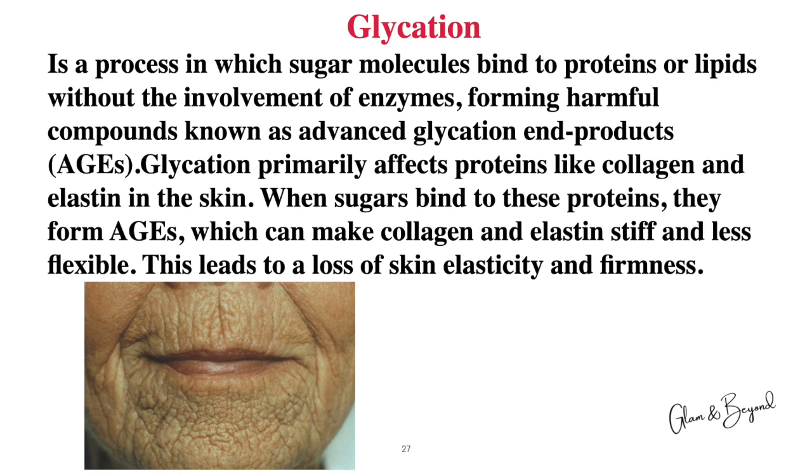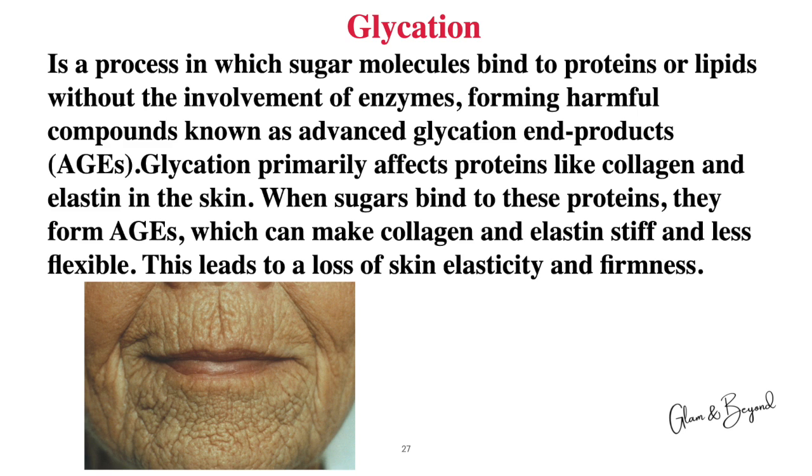Glycation. What is it? Glycation is a process in which sugar molecules bind to proteins or lipids without the involvement of enzymes, forming harmful compounds known as advanced glycation end products, AGEs. Glycation primarily affects proteins like collagen and elastin in the skin.